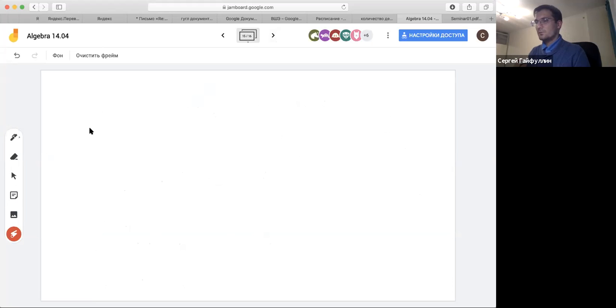We need to show 3 points. The first point is that if we have z with modulus 1 and, for example, t with modulus 1, then the product has modulus 1.